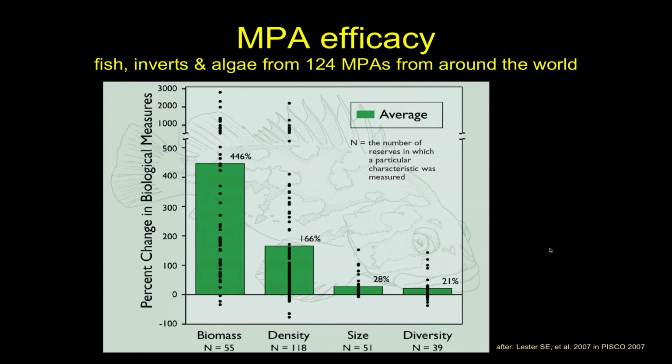You guys have read a similar report in your readings, but this is looking at a couple of different things. Biomass, and biomass is a typical way fisheries folks talk about fish populations. We're just starting to talk about this, but you might have figured this out from some of our readings.